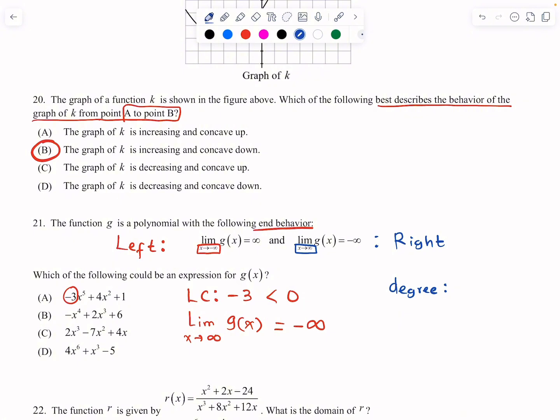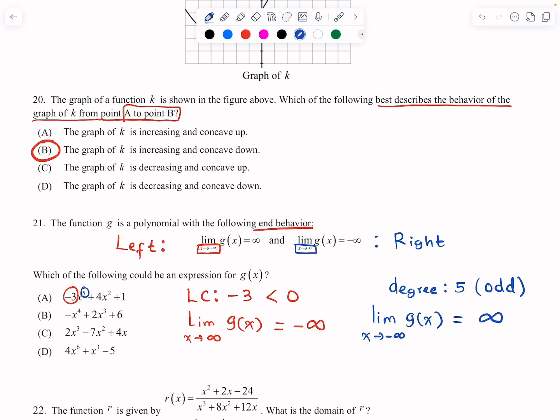The degree of this polynomial is 5, which is an odd number. And because it's odd, we're going to do the opposite of the right-hand behavior. The opposite of negative infinity would be positive infinity. So the answer to this one will be the limit as x decreases without bound of g of x, and the opposite of that would be infinity.